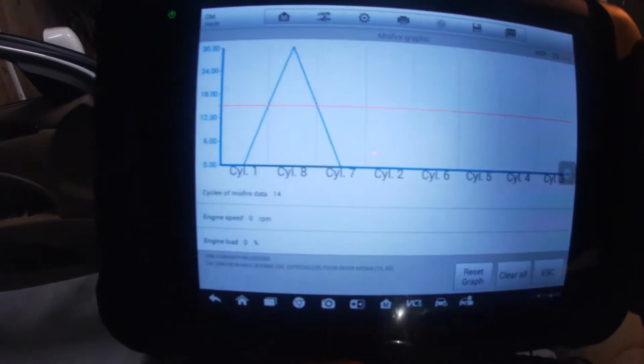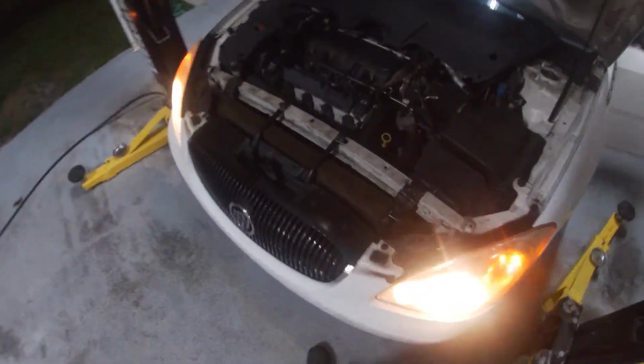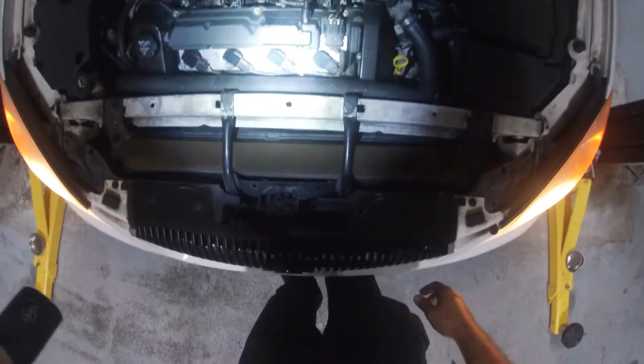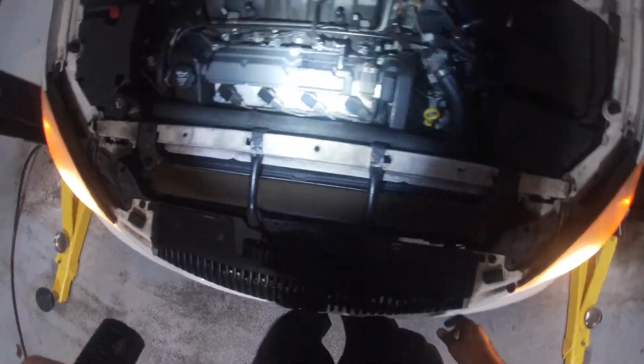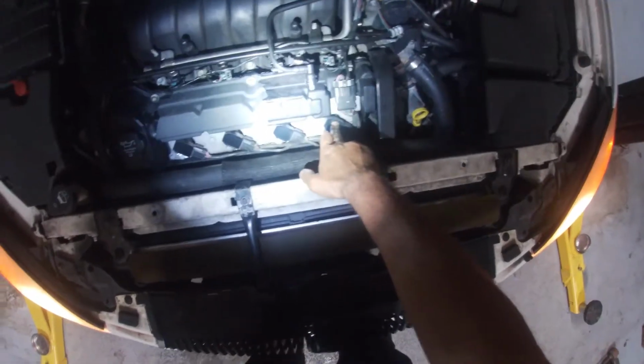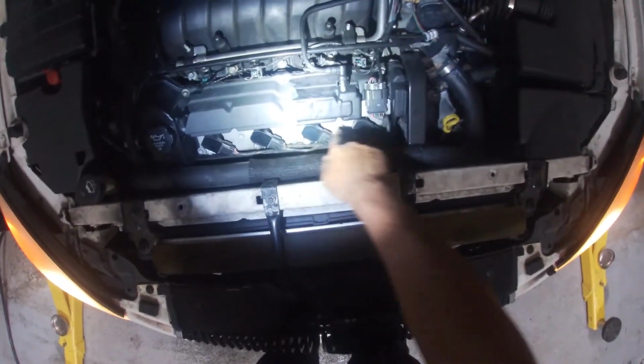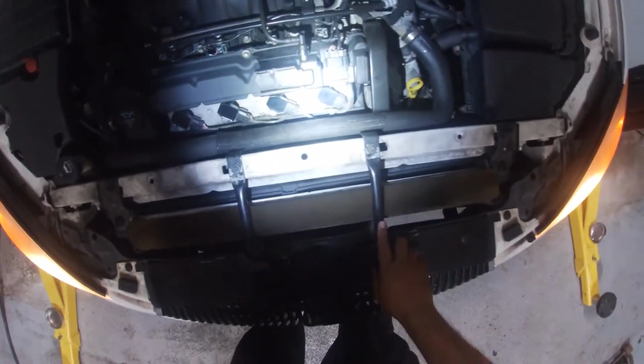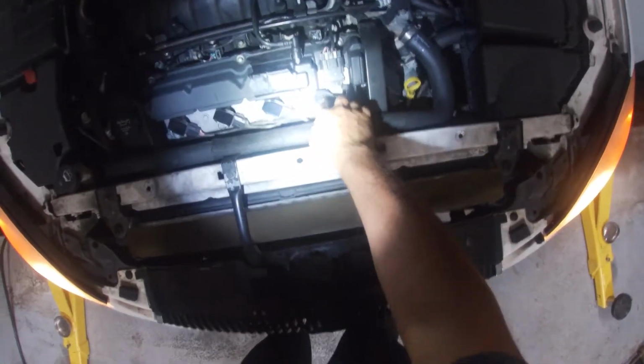So I went ahead and shut off the vehicle. An easy way to do this: the number 8 should be this one, 2468. This should be our guy right here.